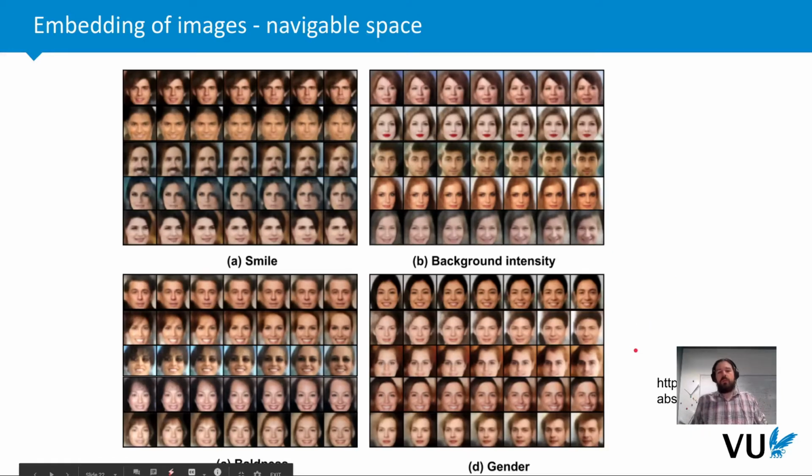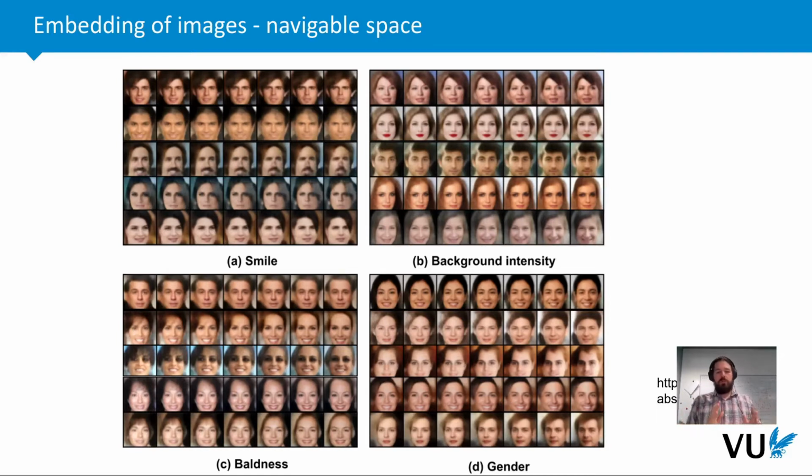Now, a very nice property of some embedded spaces is that they also have a useful structure. They have a structure which you can navigate, and navigating in certain directions in that embedded space has a certain meaning. It also means that if you navigate in a certain direction, certain features of the object would change. So in the images, if you navigate in a certain direction in the space, you move your image from a person who is smiling to a person who is not smiling.